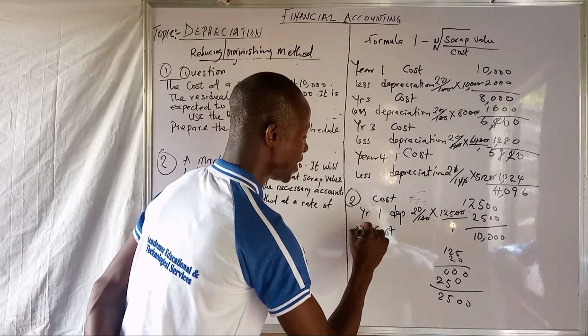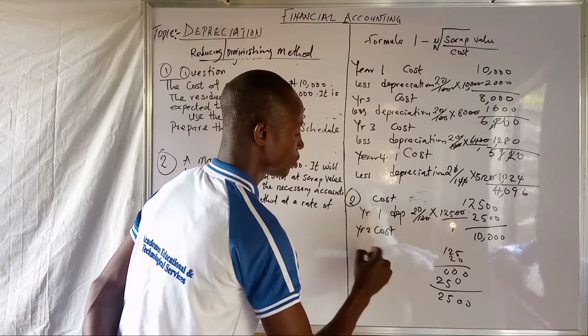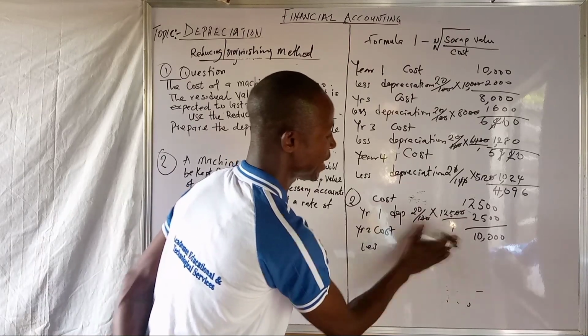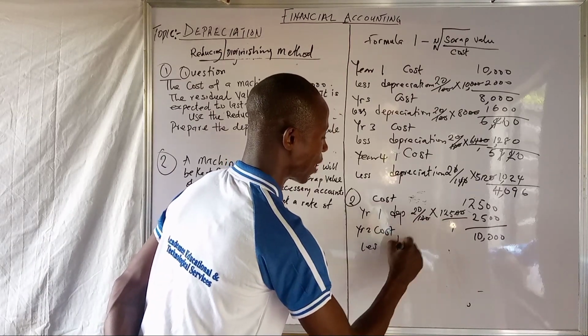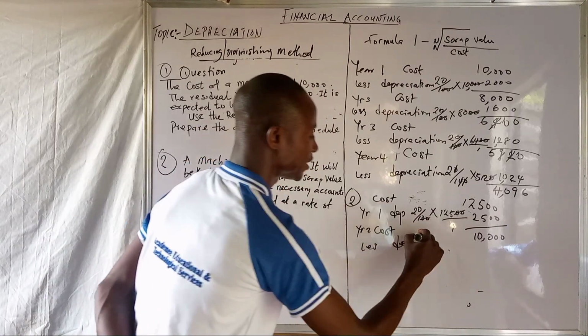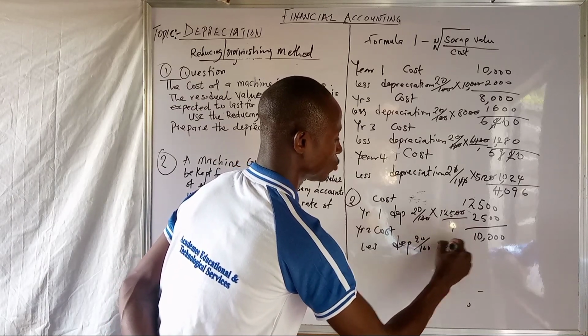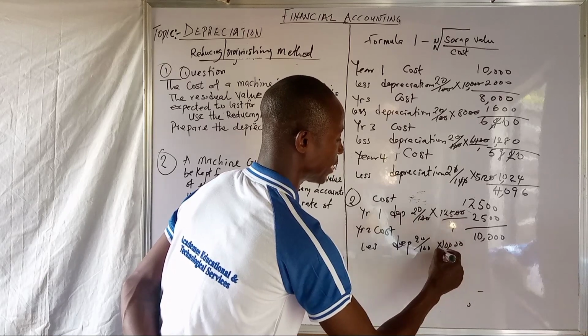Then year 2, you less the depreciation for that year. Again, when we less our depreciation, 20% of 10,000.